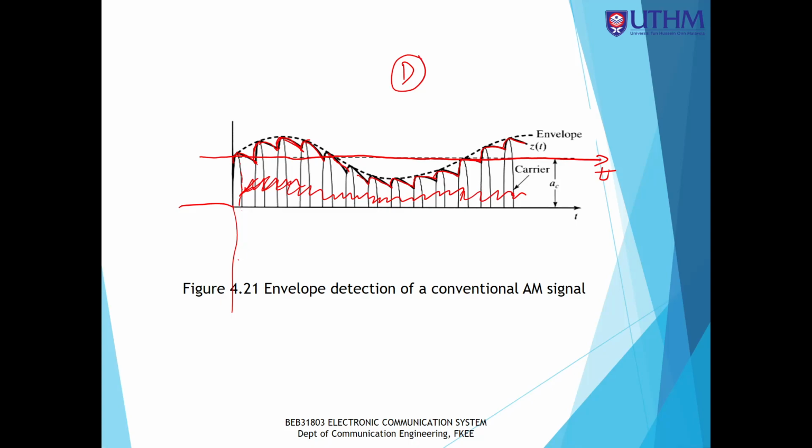Okay, so this is actually the VMT, but it is not a smooth sine wave. In order to make it a smooth sine wave, we're going to need another filter to filter the shape of the sine wave so that it produces a smooth sine wave at the output like this.